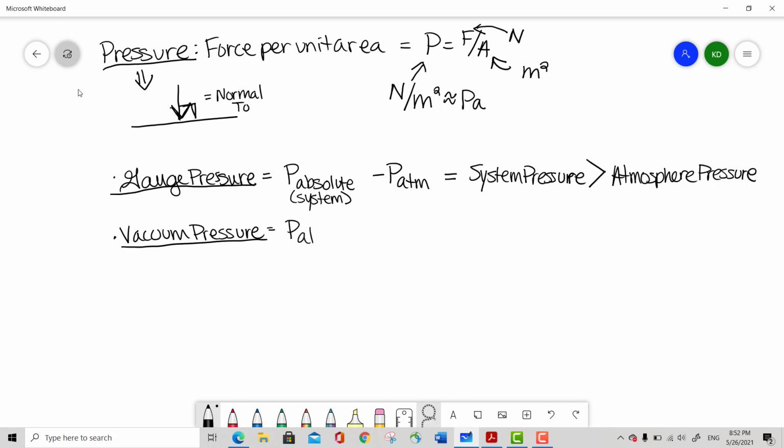It's when your atmospheric pressure is greater than your absolute pressure. And again, this is your system pressure.